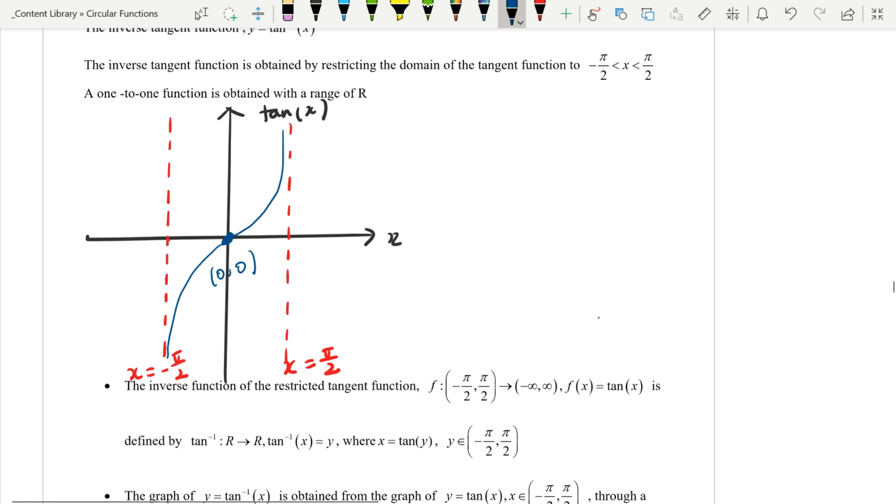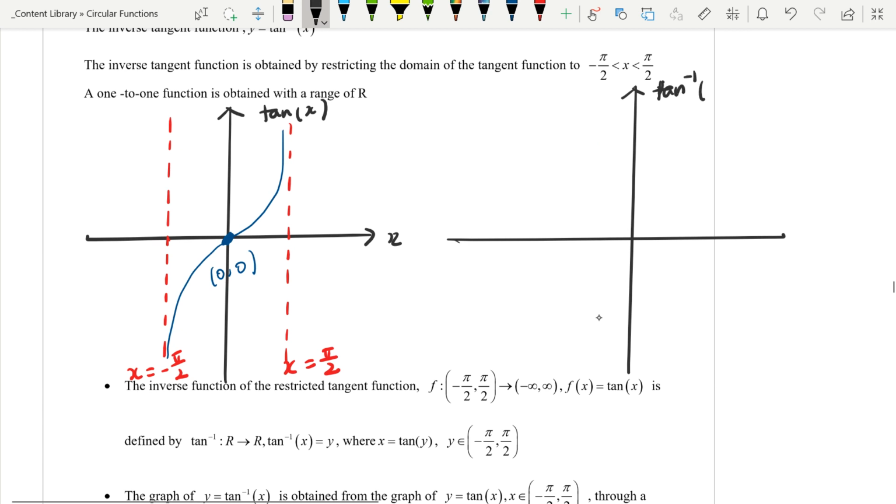So let's think about the tan inverse. What's after reflecting by y equals x? What will the vertical asymptotes become? Horizontal ones, right?